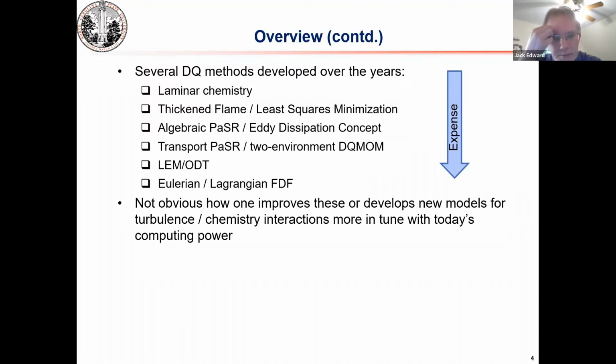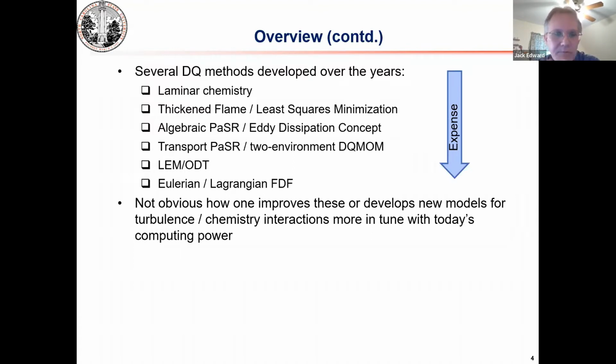You can go to stochastic approaches like LEM or ODT, and then finally maybe even to Eulerian or Lagrangian FDF. So basically the expense can go up pretty dramatically. The accuracy presumably can go up pretty dramatically as well, but then the problem is no one really knows how to quantify this, or really to develop new models that are more in tune with what we can on the average do today.